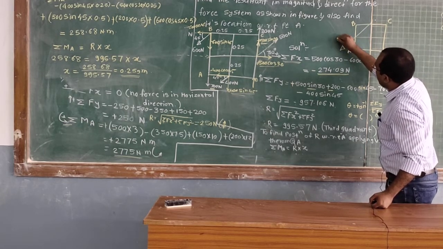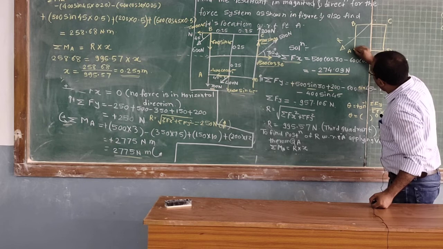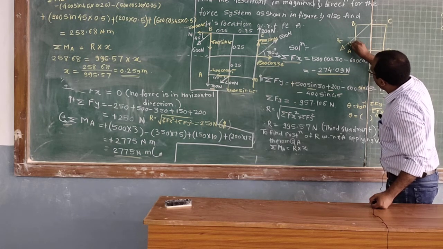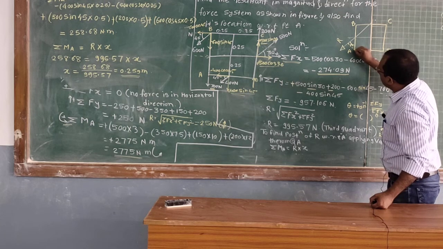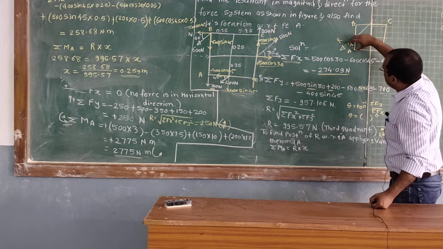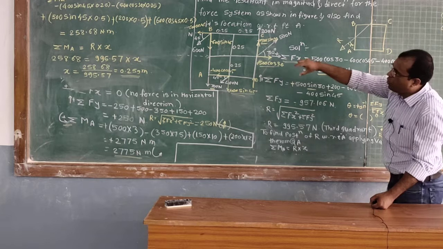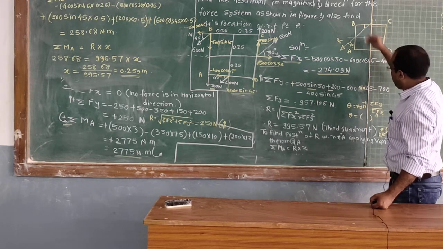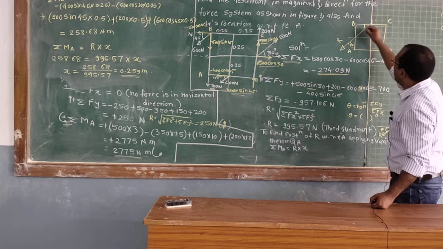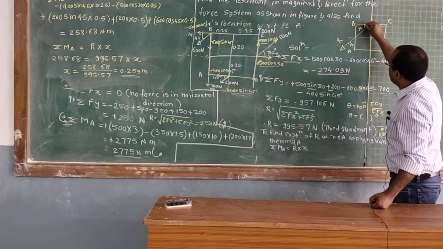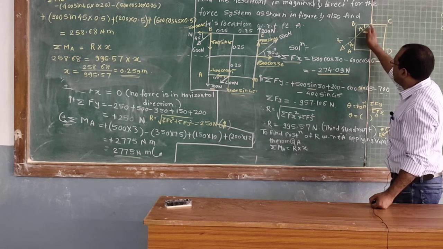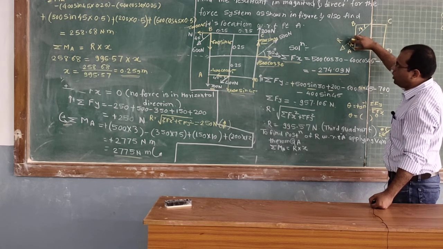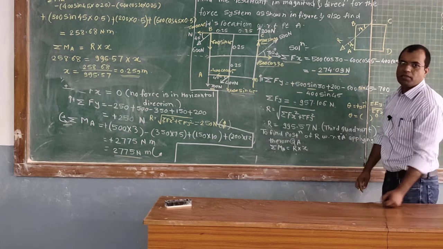This is your resultant R, and this distance we have found, the x distance, that is the perpendicular distance. That is the location of the resultant from point A. This distance x is 0.259, and this is your resultant R. And after solving, you will get the angle as 74 point something, in the third quadrant. Okay, so the resultant is known to us, and its location is known to us. So we have been able to solve this problem.